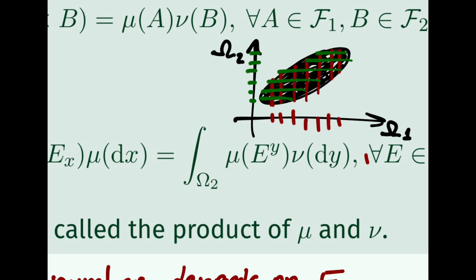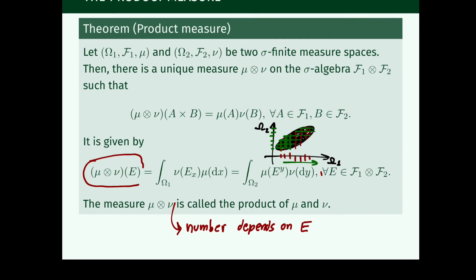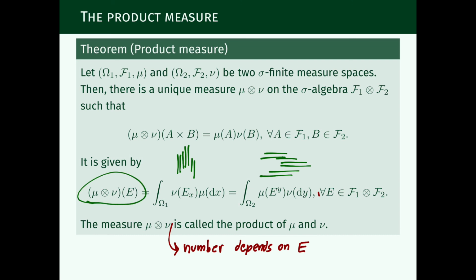So we can choose which variable to use to integrate and which variable to use to make measurements. So this is what these two possible integrals to compute the measure are saying. This one says we can compute it like this and add, and this one says we can compute it like this and add.